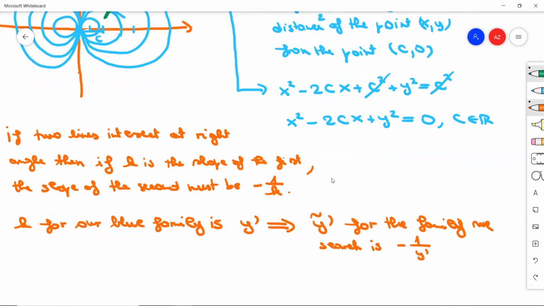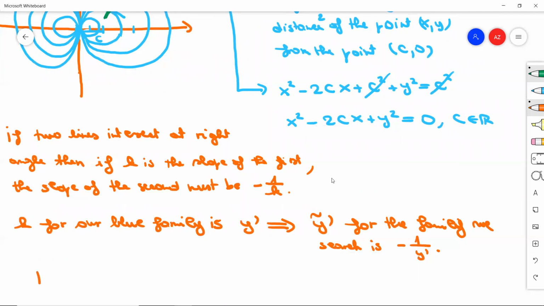So if y prime is an expression for our solution, then y tilde prime is minus 1 over y prime. So all we have to do is to find y prime.